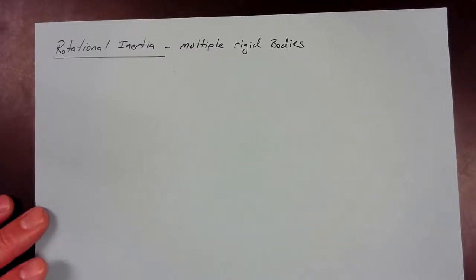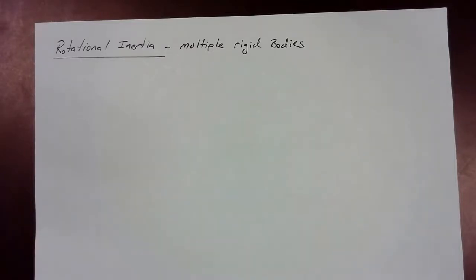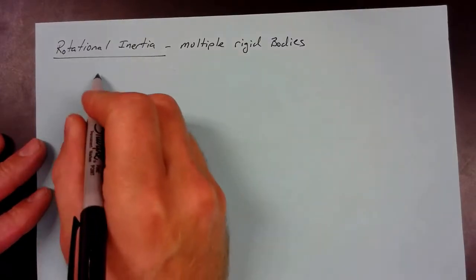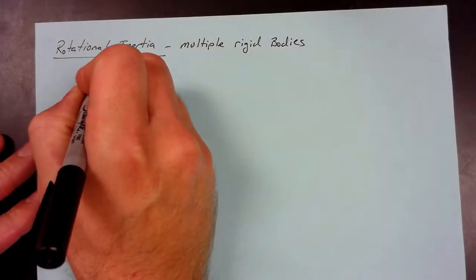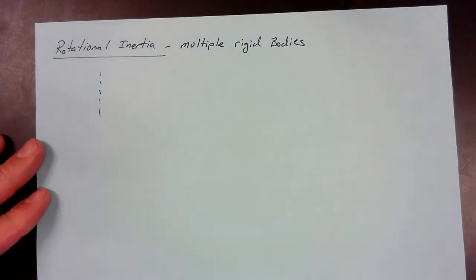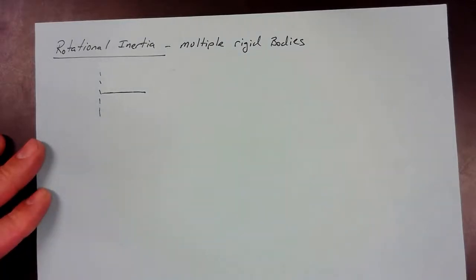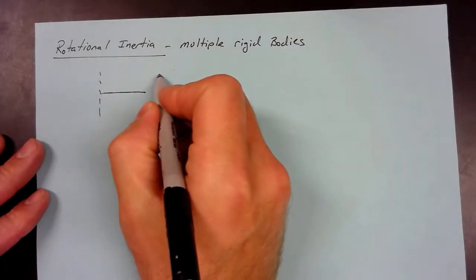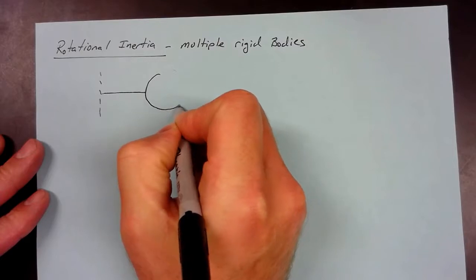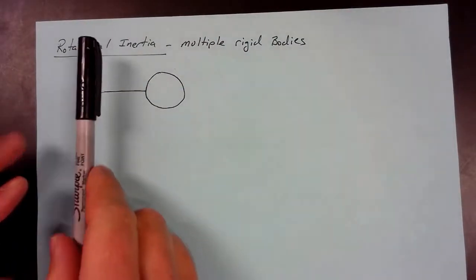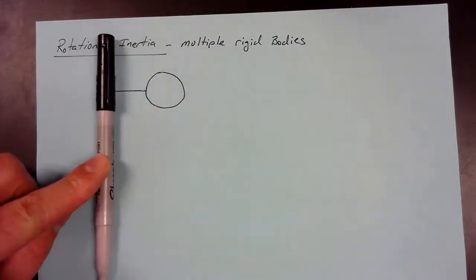Okay, I want to go through an example of how to find the rotational inertia whenever we have multiple rigid bodies, which is kind of the situation I want to use. So if our axis of rotation is there, and I have basically a thin rod with a hoop at the end of it, and it's going to rotate around that axis.